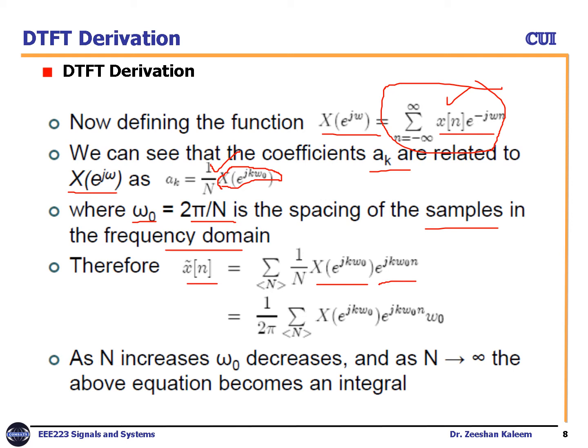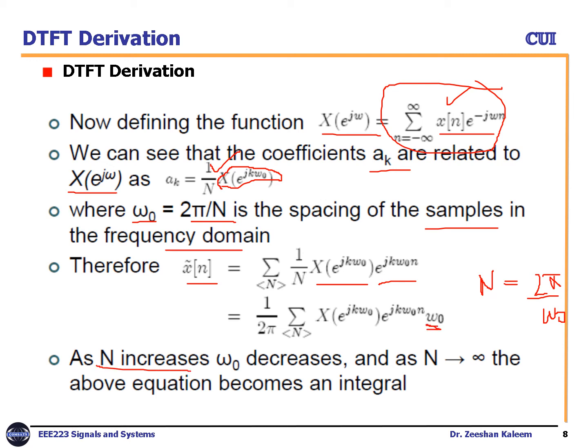And as the period repetition is 2π, using ω₀ = 2π/N, we can find N = 2π/ω₀, right? So replace the N here with 2π/ω₀. So put 2π, and there will be a multiplication by ω₀ here.